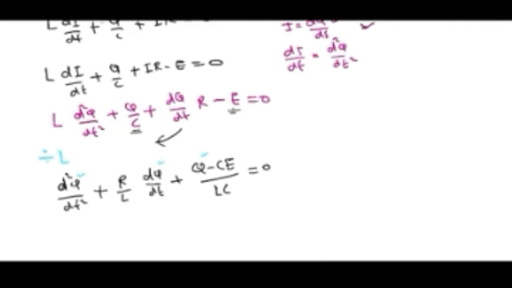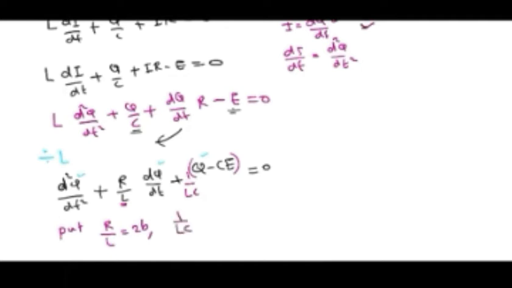We put R by L equal to 2b, and 1 by LC into Q minus CE, where 1 by LC we take as k square.